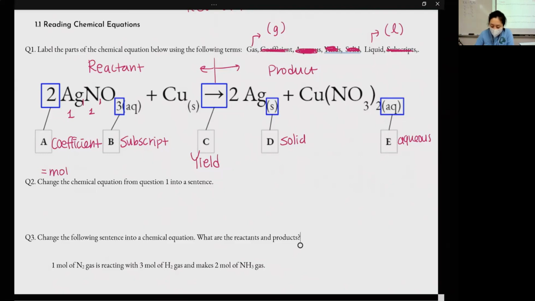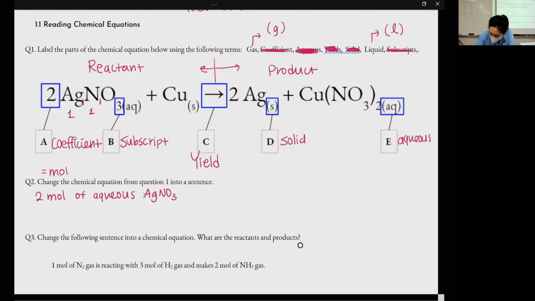Going back to what I was saying, we're going to start with the 2AgNO3 (aq) because that's the first chemical that we have in this equation. So 2 moles of, and the state of matter would be stated next, aqueous AgNO3, and it's reacting with solid copper.